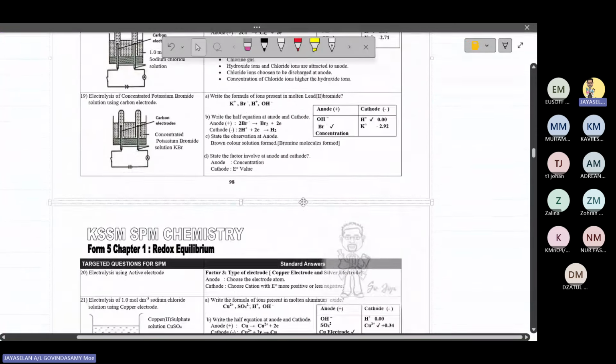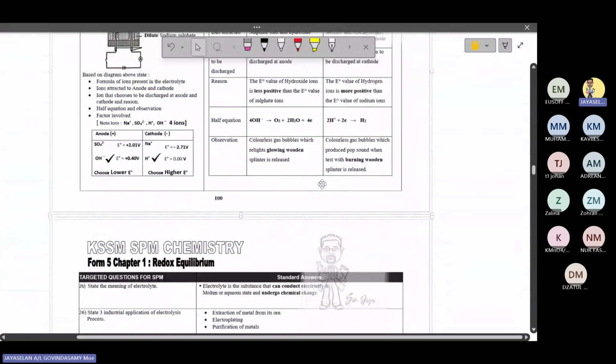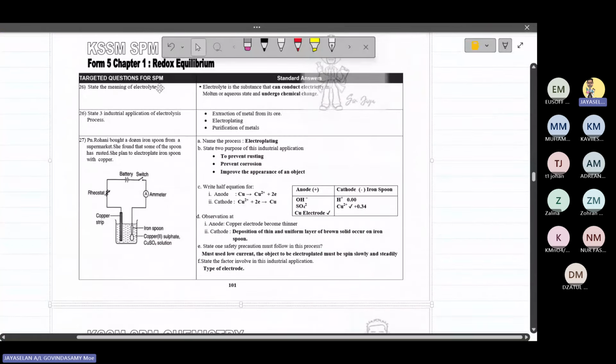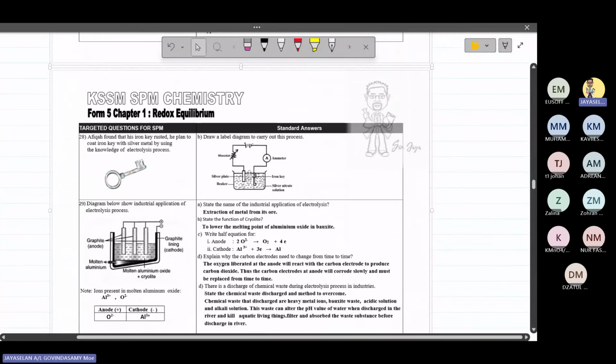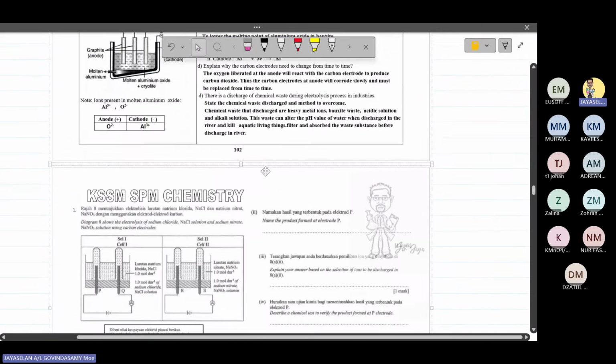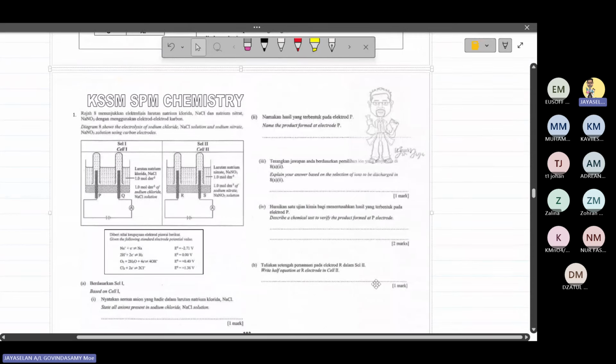Factor 3, study. Okay, finish, right? After finish, see this equation. Okay, after finish, the application of electrolysis. So ini kena study. Okay, drawing saya already draw that day. Saturday I already draw. Okay, practice. So ini baca. Okay, after that you try this question lah.